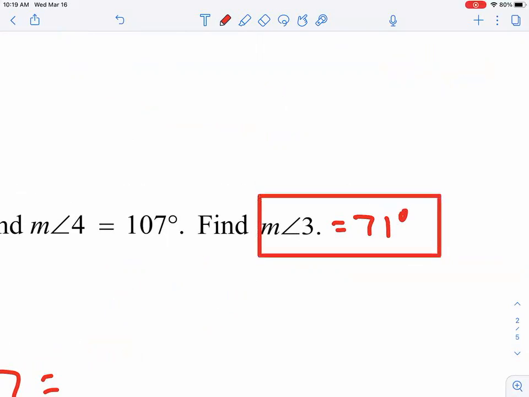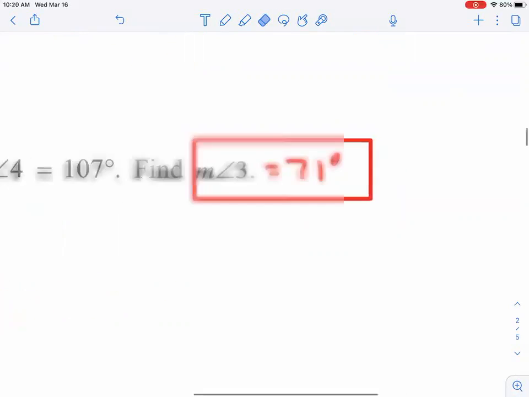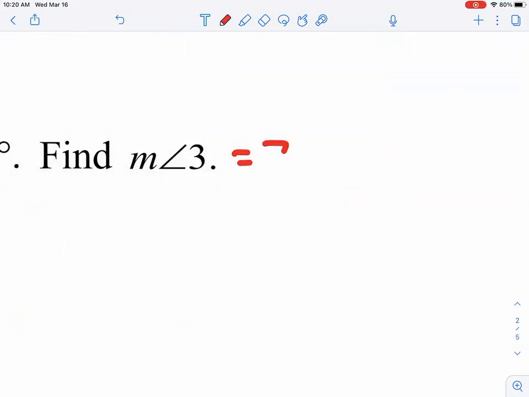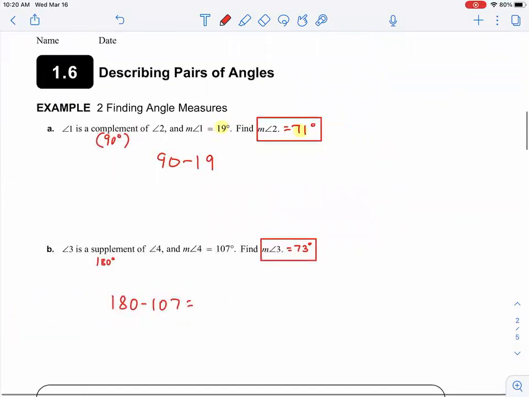Wait a second. Wouldn't it be 73? It would be 73 degrees. Thank you. So we've got to be careful with our subtracting. Good catch, Violet. And so they are supplementary because 107 plus 73 adds up to 180.